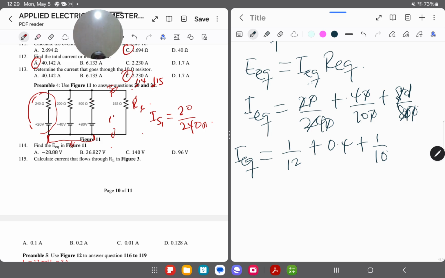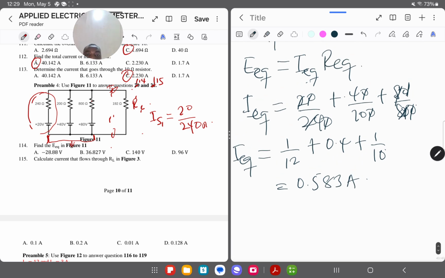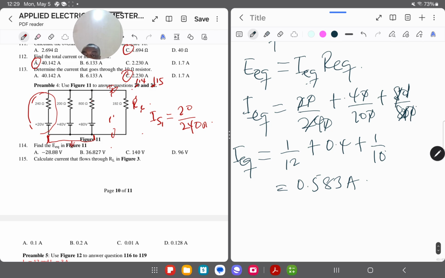So let me start with the 1 over 10, which is 0.1, plus 0.4 plus 1 over 12. So I get the current to be equal to 0.583 amps. So that is the equivalent current.